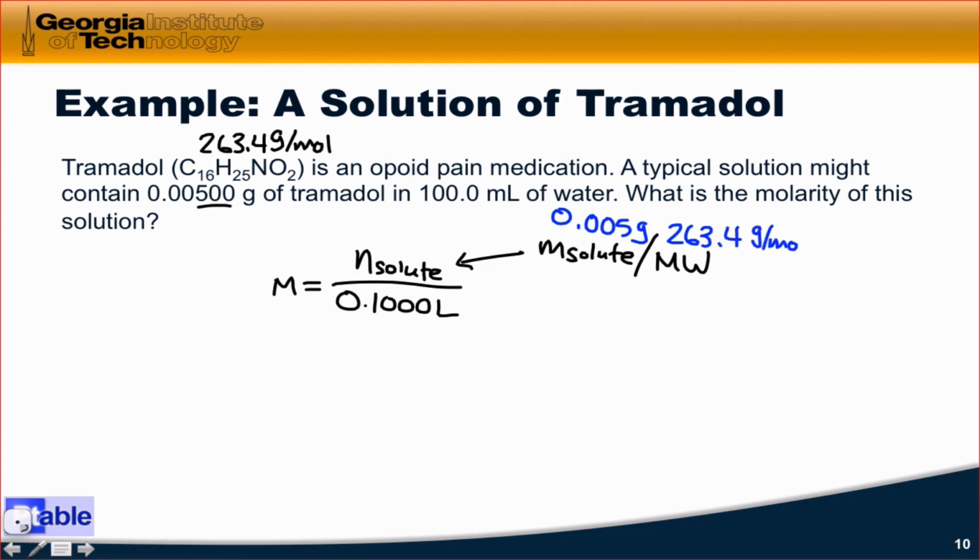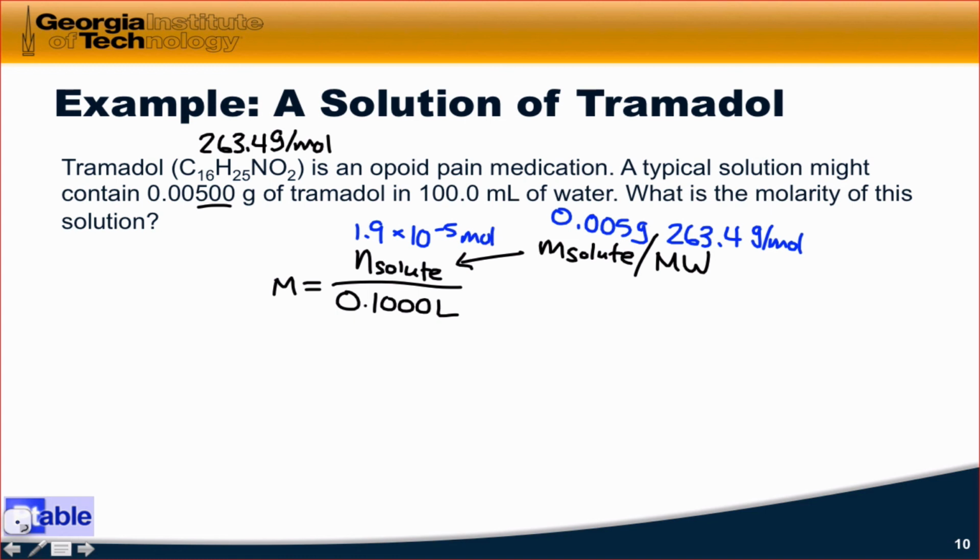And you can see we're going to get a fairly small number of moles here, and this is pretty typical for human scales of reactions and solutions. Small numbers of moles are pretty much the norm. About 1.9 times 10 to the negative 5 moles of solute.